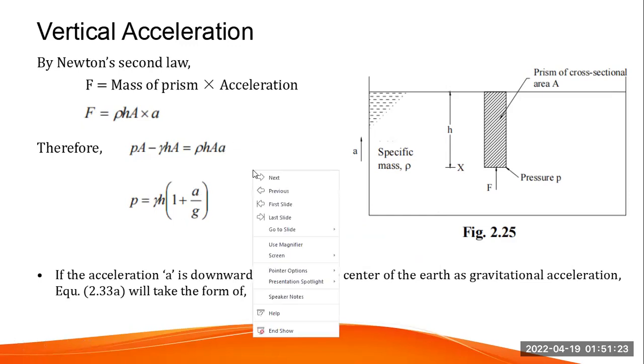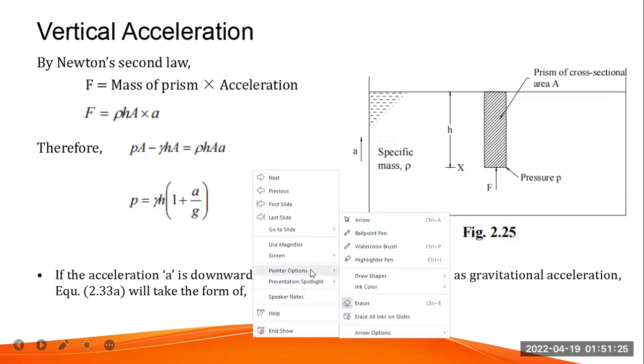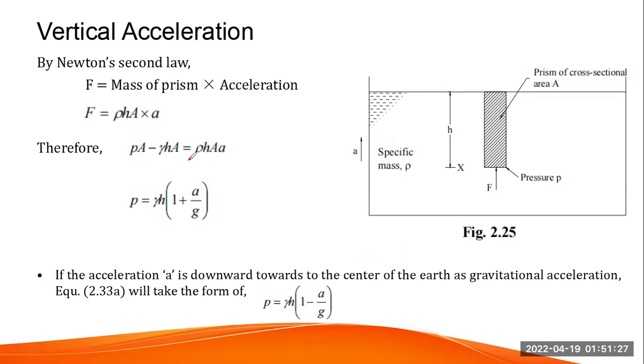Sundan lang natin kung paano ito na-derive. So, magiging equal na natin: unit weight times H, height natin, times area, plus yung ating density times height times area times acceleration.